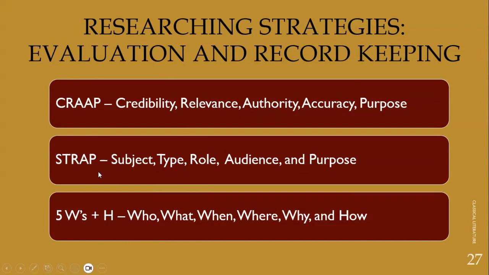And then when you're documenting it in your annotated bibliography, it's a good idea to say, this is the main topic. This is the type of publication it was from. The author was some sort of expert in their field.